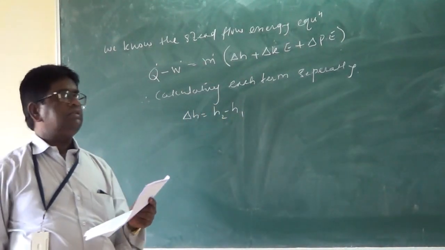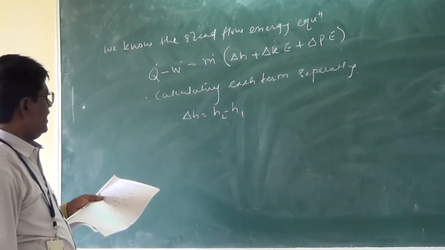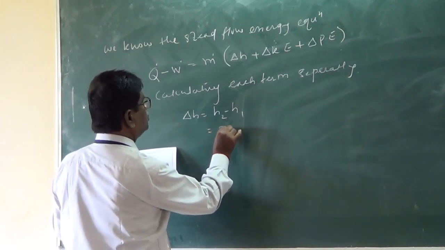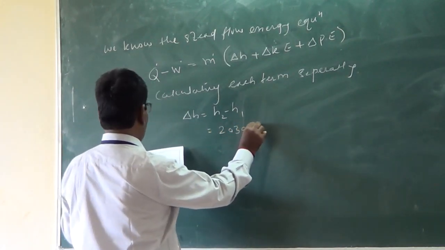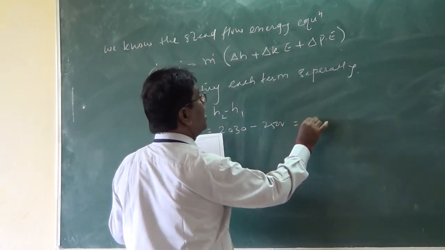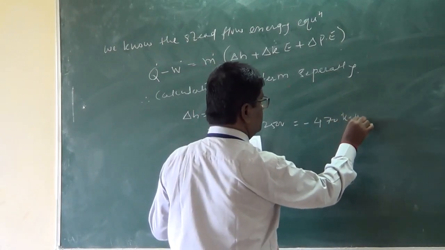Here H2 is with us, H1 is with us. So that means 2030 minus 2500, and it is equal to minus 470 kilojoules per kg.